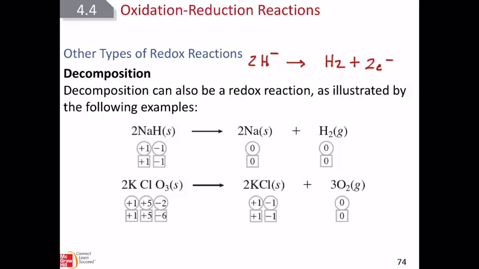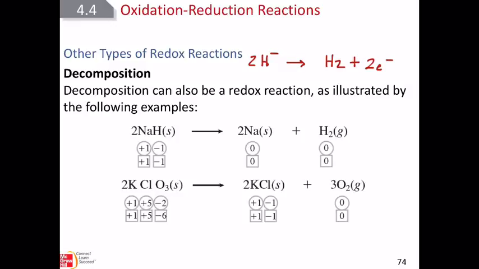Potassium chlorate decomposing into potassium chloride and oxygen. This is an ionic compound. We've got chlorate ion and we've got potassium ion. The potassium is a +1 charge, so it's going to have a +1 oxidation number. The chlorate altogether has a -1 charge.